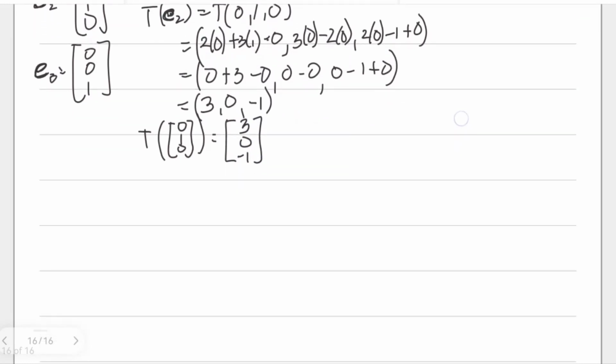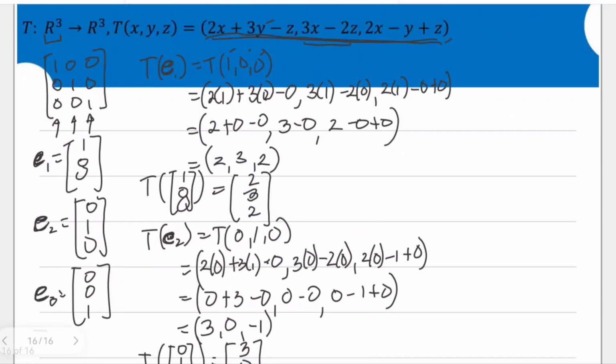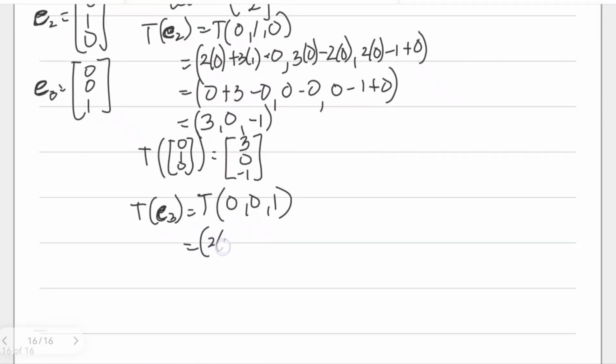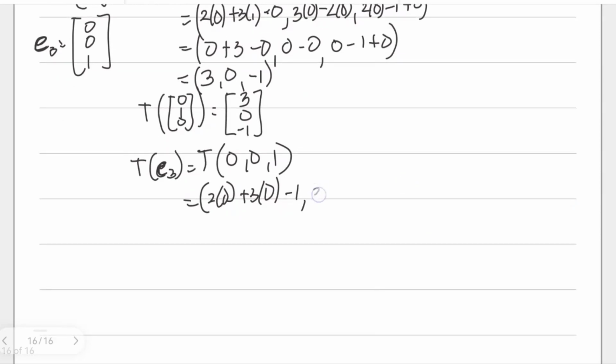And let's have the last here. E sub 3 is the linear transformation of 0, 0, 1. Okay, let's start. We have here this form: 2x plus 3y minus z. Next, 3x minus 2z.